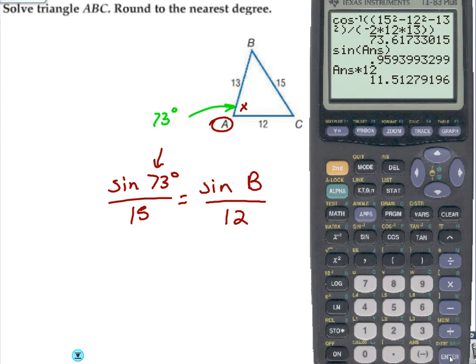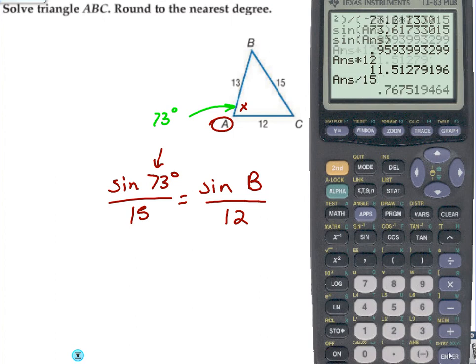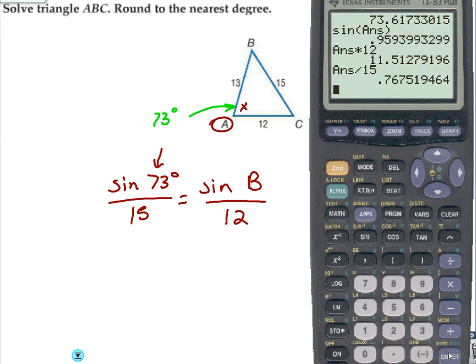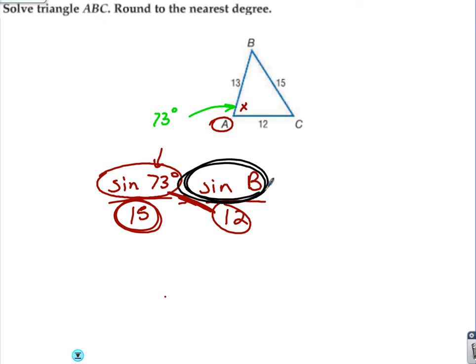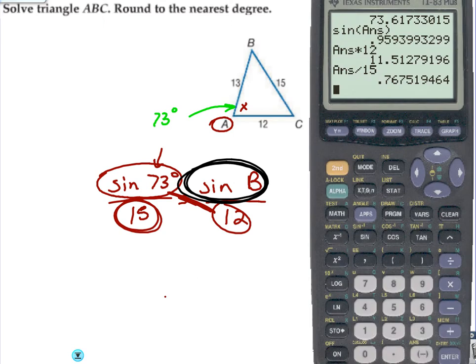And then you've got to divide that by 15. And that's our answer, right? When you're using law of sines, if you do this times this, and then you divide it by what's left, that's going to tell you what the sine of B is equal to. The sine of B is equal to 0.7675.